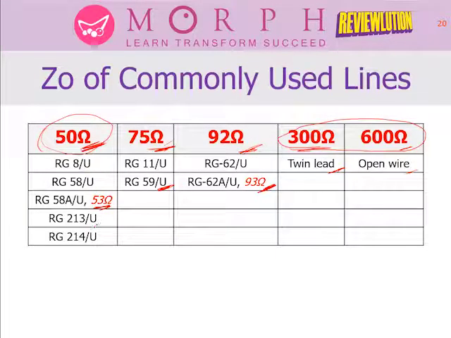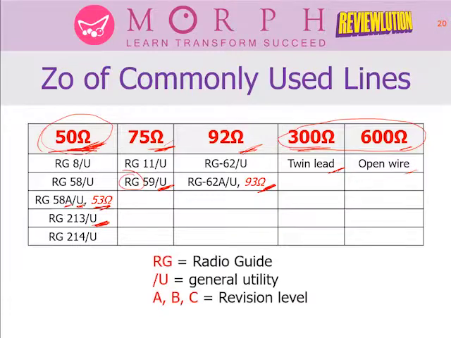So kanina, no, sa PL259, used to connect this 213. So 213 pala is a 50 ohm coaxial cable. Now, ano ba yung ibig sabihin ng RG? Ano ba yung ibig sabihin ng A, ng U? So nandito yan lahat. No? So the RG is actually referring to radio guide. So radio guide 8, parang ganun. Radio guide 58, that is the RG. Now pag /U ka, ibig sabihin ng U, general utility, kumbaga general na gamit.